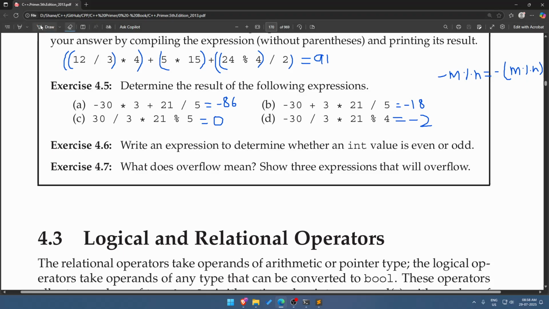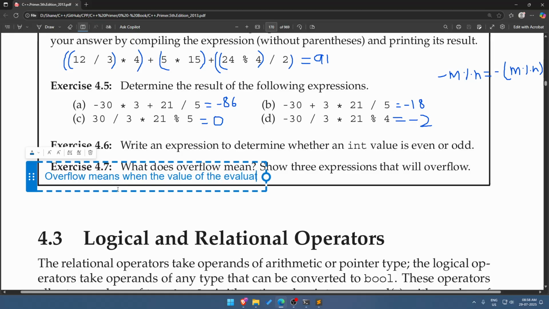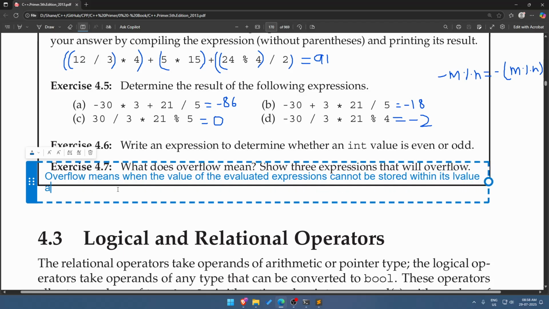So, overflow is when the value of the evaluated expression cannot be stored within its lvalue as there is no space, as that result of the expression is out of the range of the lvalue.